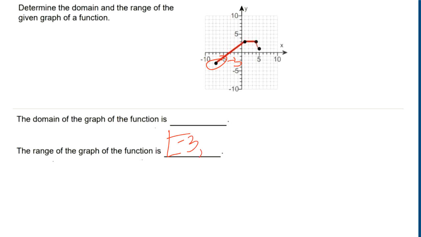And then my highest, maybe -1, 2, 3, +3. So my high is y, so I'm here. Then I go up. So my range is going to be -3 to 3.